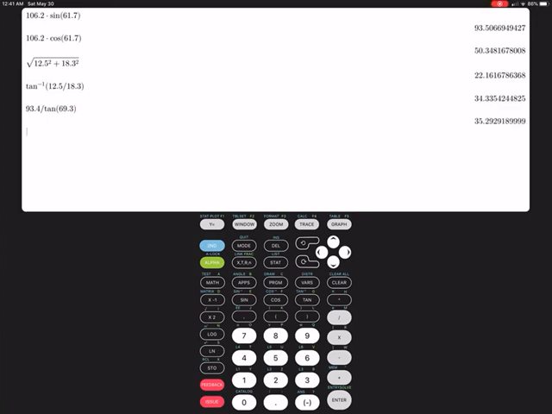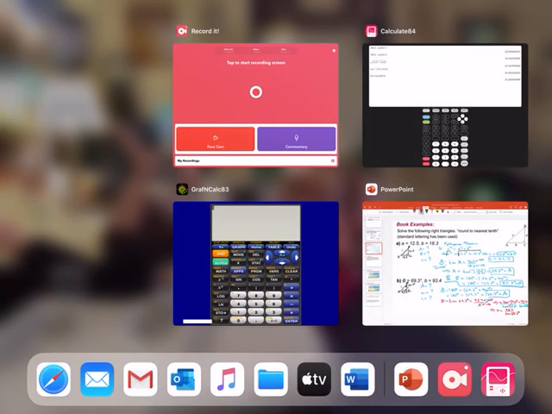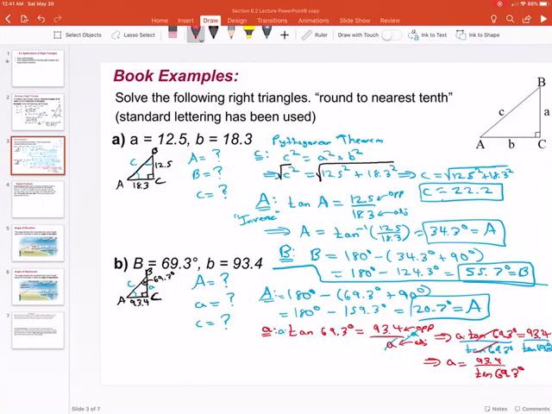I got 35.3. 35.3 for side A. So there's side A in my problem.